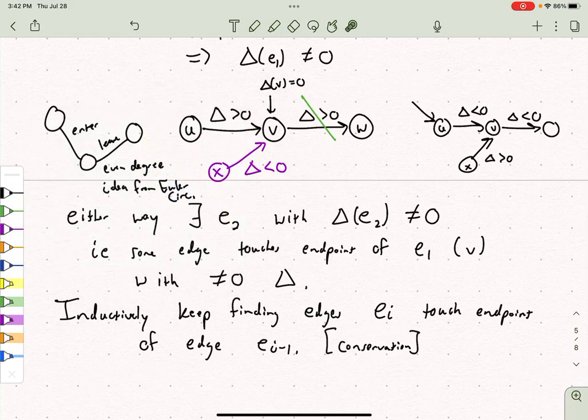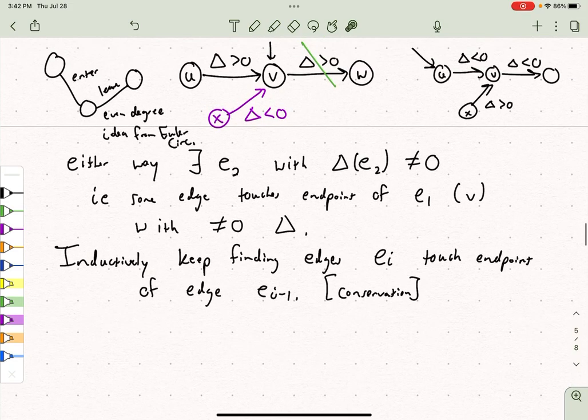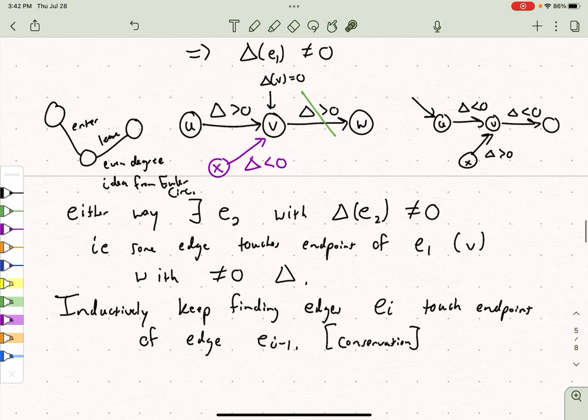Okay, so all of this is happening in the original graph. Note that we're finding edges that touch the endpoint, but these aren't necessarily cycles, right? So here, we can't literally go backwards. This edge is going towards V. Now the key thing is this is the original graph. So what we're going to argue is that in the residual graph, this will actually go in the direction we want it to.